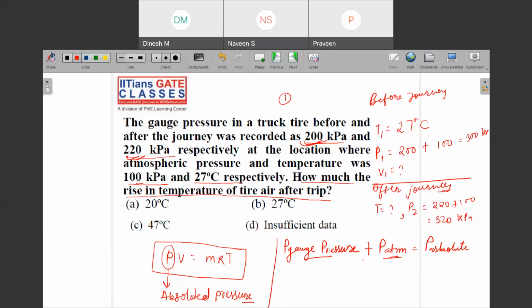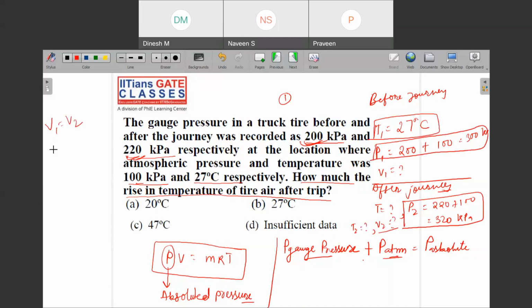So P2 is given to us and P1 is given to us. T1 is given to us and we have no idea about T2 and V2. In this case, even though the tire's volume will try to change a bit, we will assume it has undergone a constant volume process. So V1 is equal to V2.